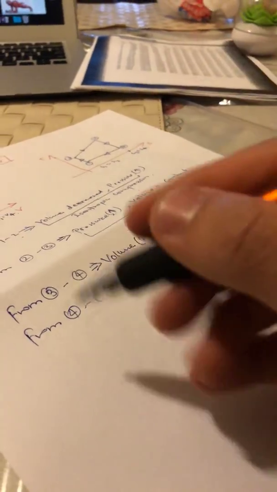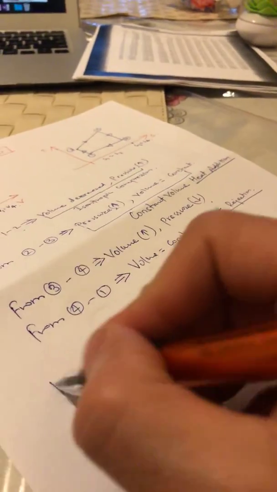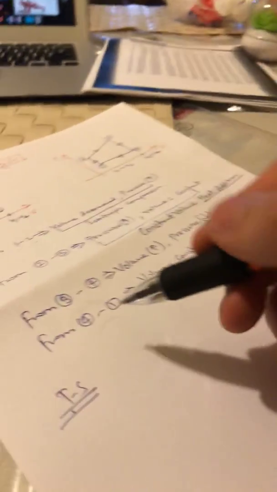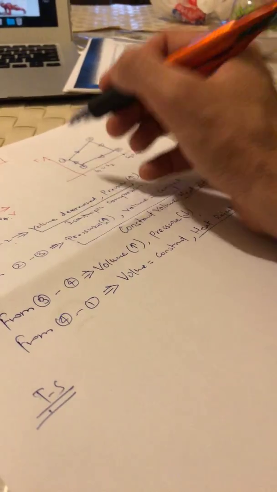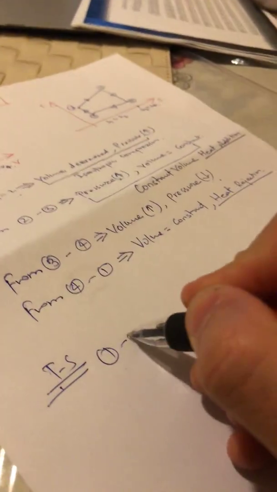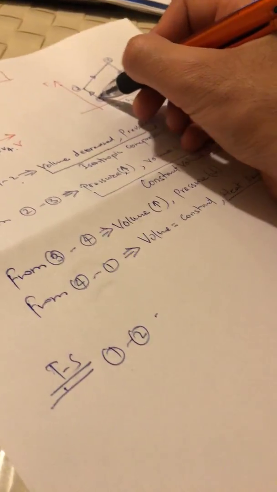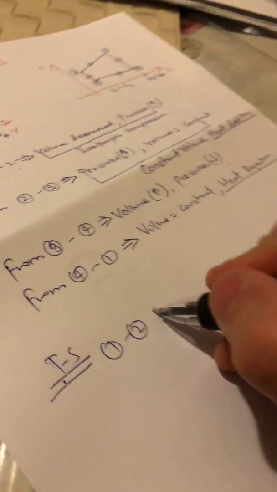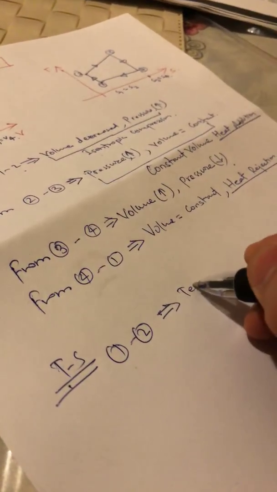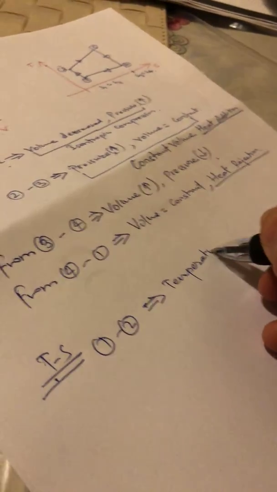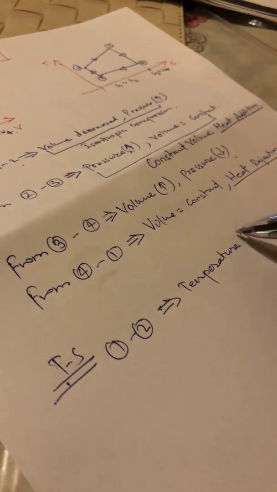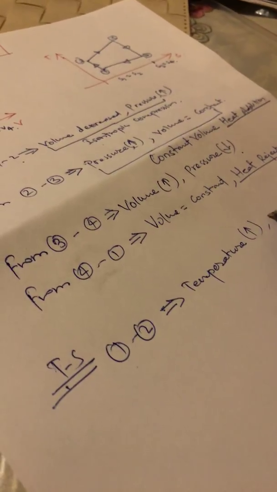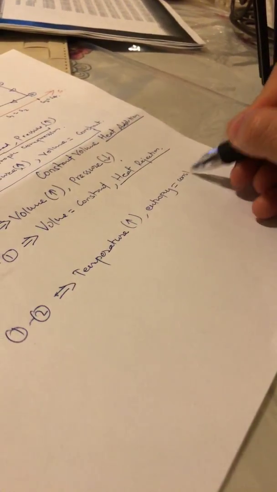So if we go to the TS diagram, this is temperature and entropy. In the TS diagram we see from position 1 to 2, temperature is increased. So from position 1 to 2, temperature goes up, but entropy is constant.